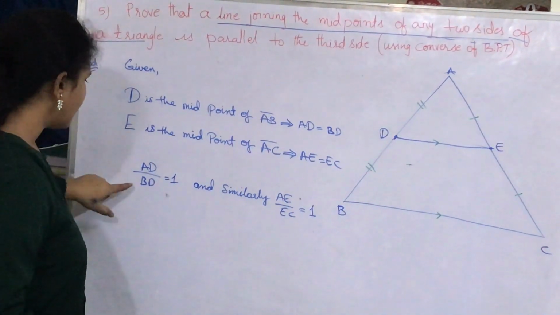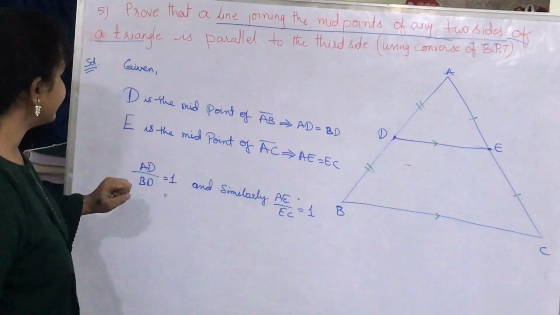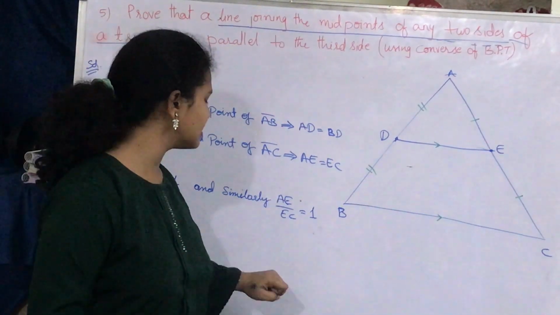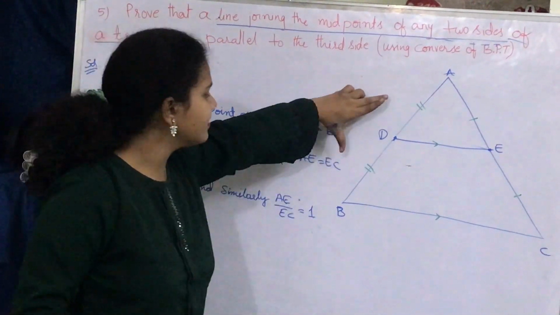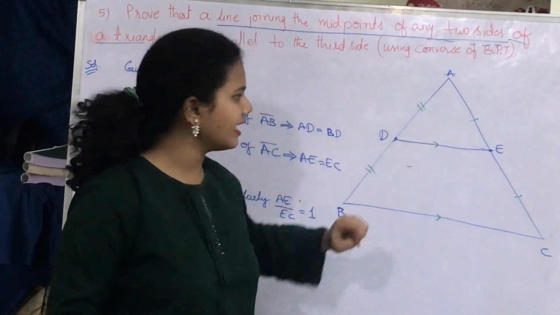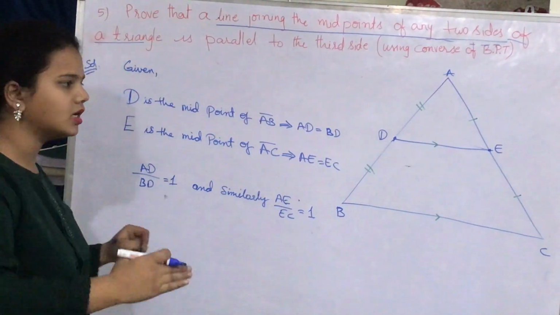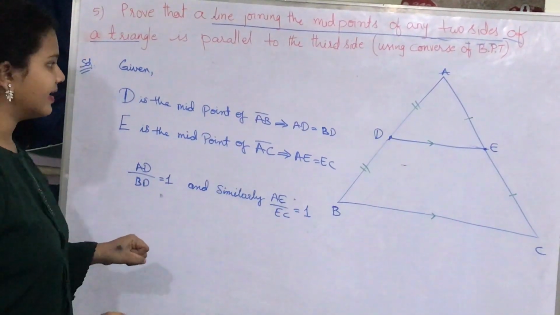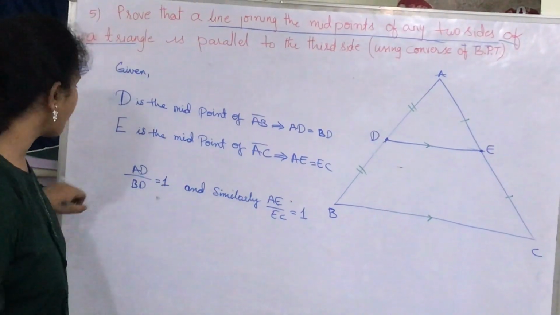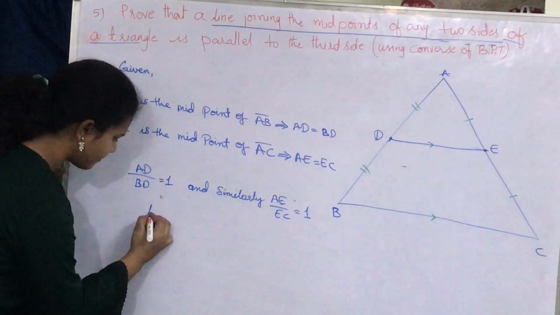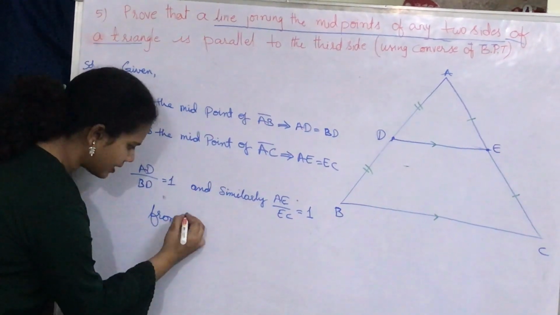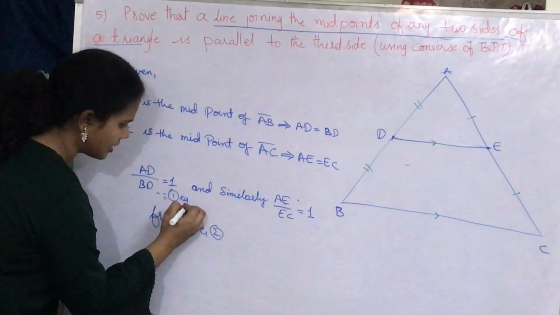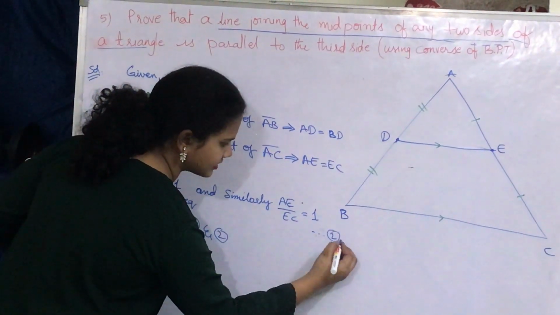Now here AD by BD equals 1 and AE by EC equals 1, right? So thus AB and AC are divided into equal parts of the given triangle. Let this be the first equation and let this be the second equation.